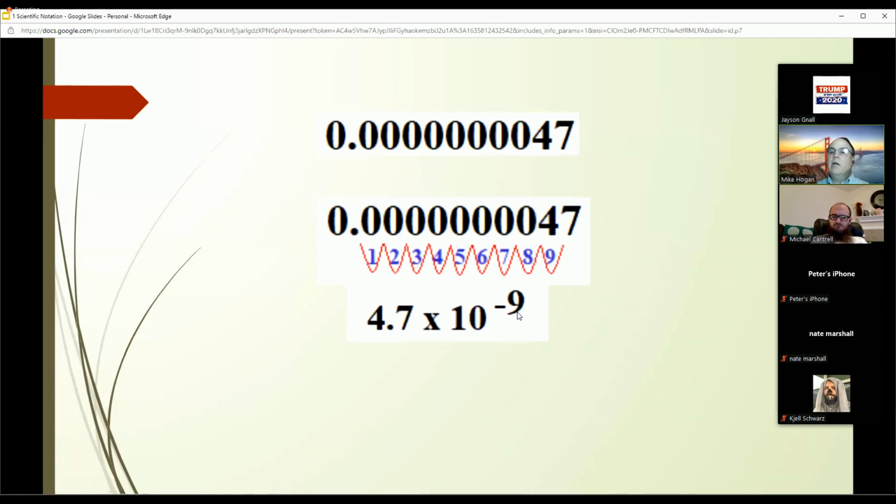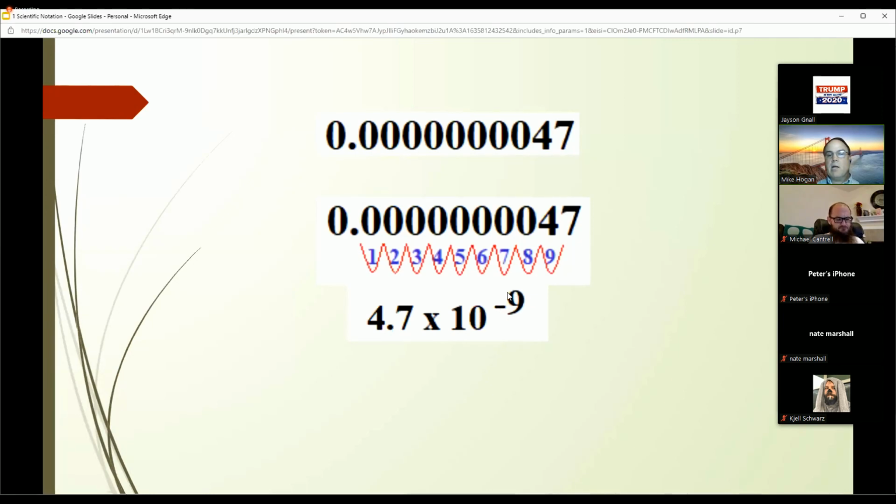Now, the only difference is, notice I have a negative 9. Keep in mind, this has to be the same value as this. If I would multiply this out, I should get the same number. And so this is a very small number. So that means it's smaller than 1, right?